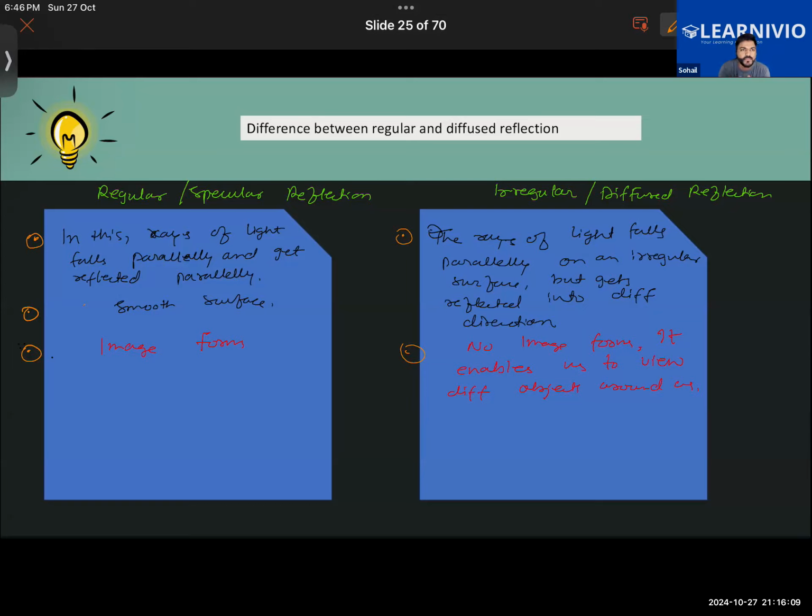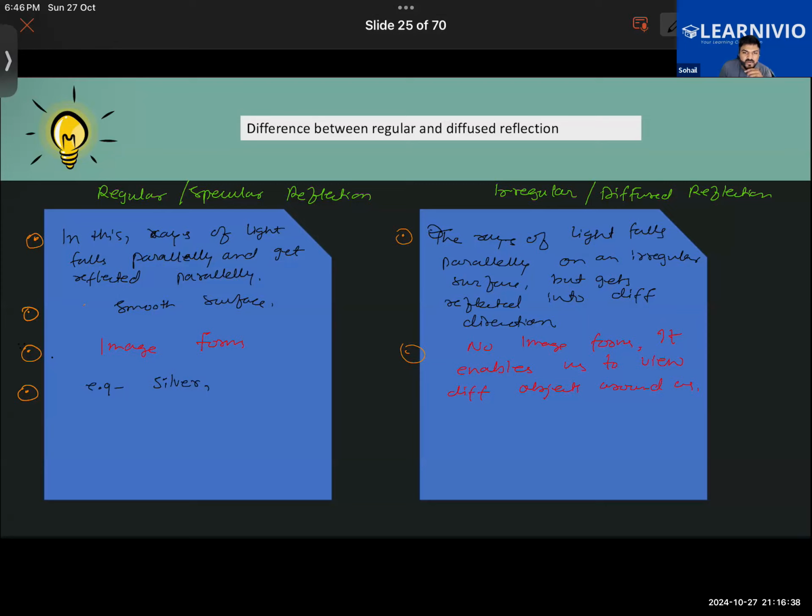For regular reflection, we can say the surface of silver. Okay. Silver, reflection of light from silver. Good. And then specular reflection, we can say any rough surface.